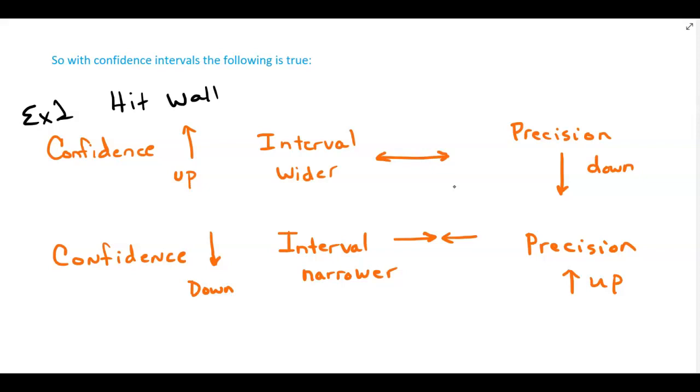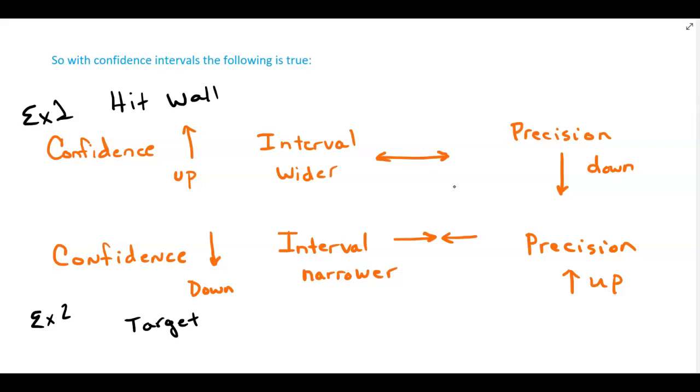In example 2 of throwing the ball, now I've got to hit a target. So my confidence is going to go down. The interval is really narrow because I only win if I hit the target. But my precision is really up, because if I hit it, I hit a really small area of the wall.